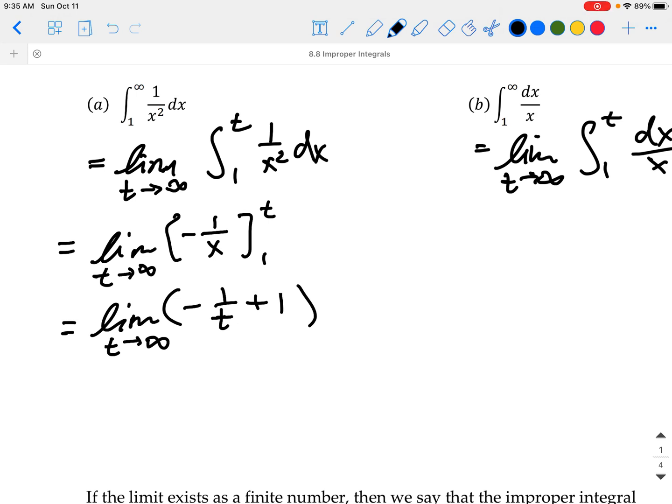And we can see as t goes to infinity, this value is just going to approach 0, which means that we end up with an answer of 1. So the area underneath the 1 over x squared graph from 1 to infinity is equal to 1.